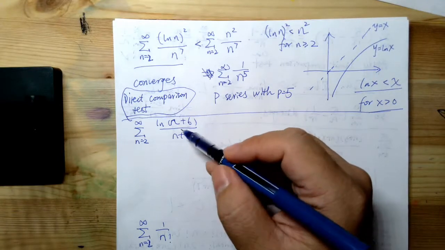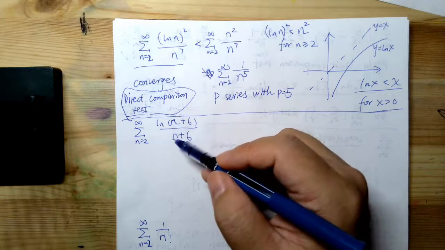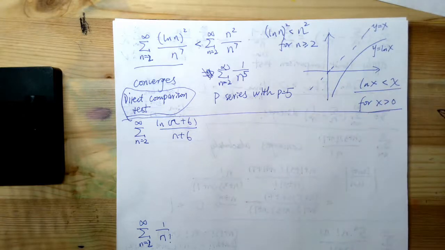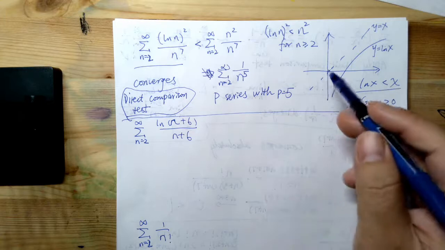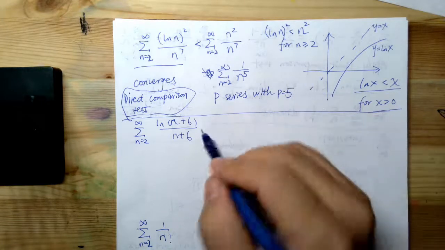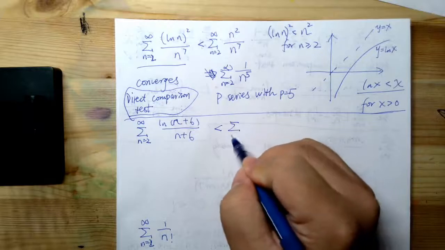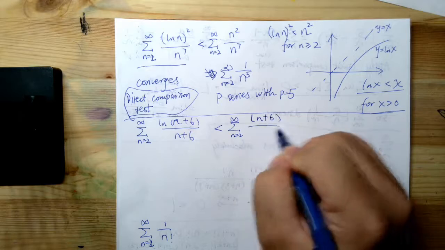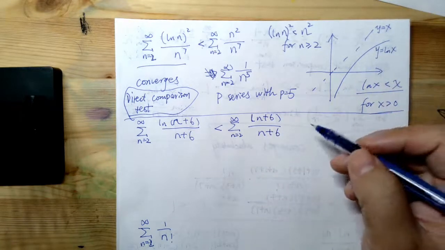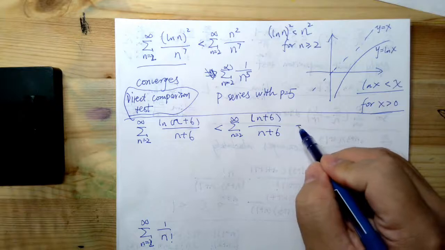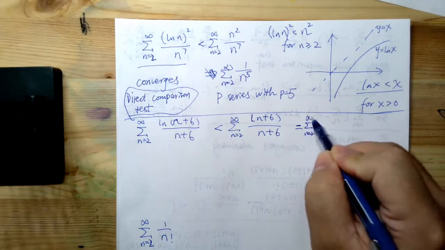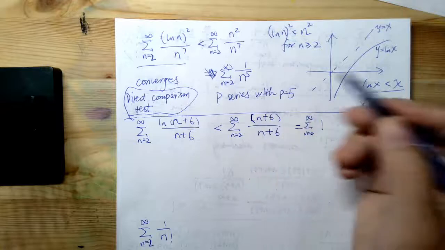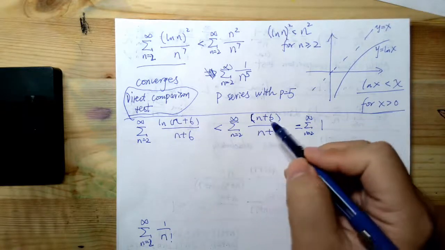The series is ln of n plus 6 over n plus 6. In this problem, if we carry over the idea from the first example, we have the inequality that log of n plus 6 is less than n plus 6.